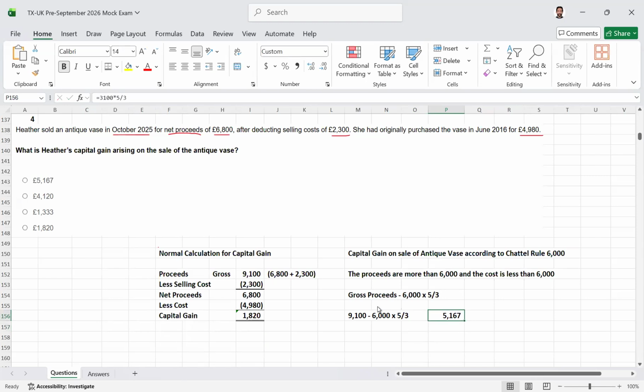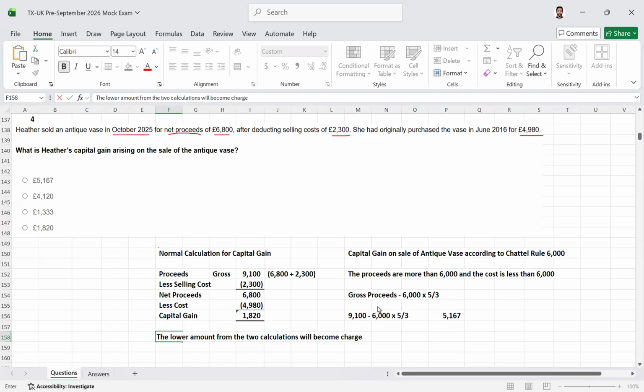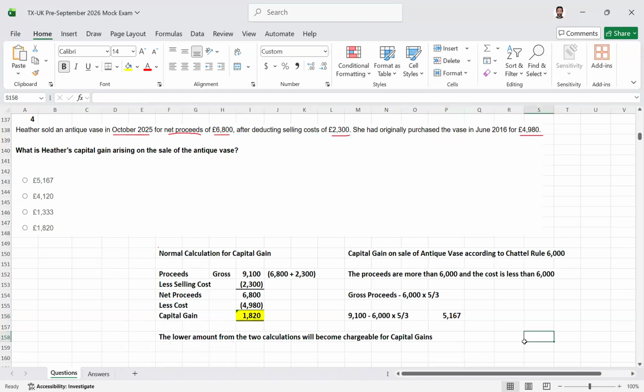The lower amount from the two calculations will become chargeable for capital gains. According to that, the lower amount is the normal one, which we did through the normal calculation.